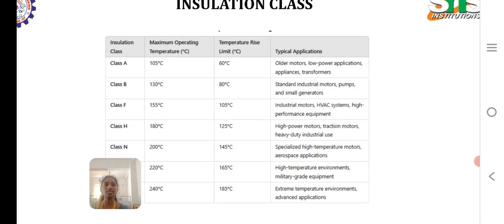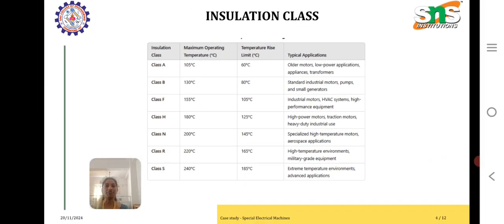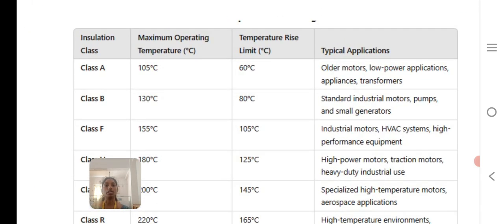F-class is nothing but the insulation class, where we have classes A, B, F, H, N, R and S. This is based on the maximum operating temperature and temperature rise limit. The applications for each class are mentioned in this table. If it is a class A machine, then the maximum operating temperature is 105 degrees and the temperature rise limit is 60 degrees Celsius.